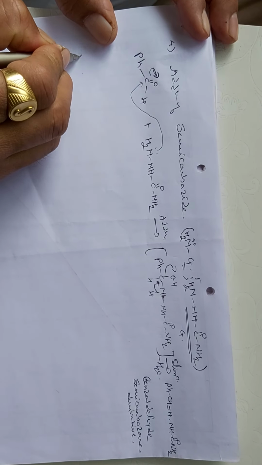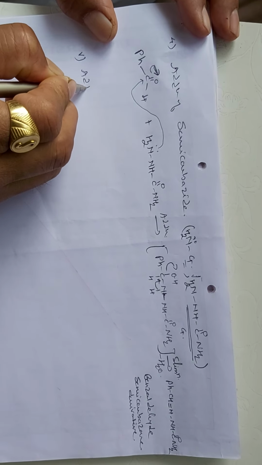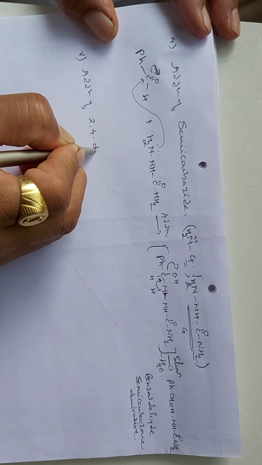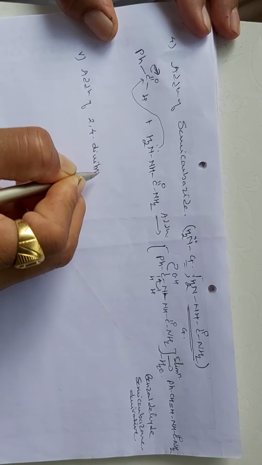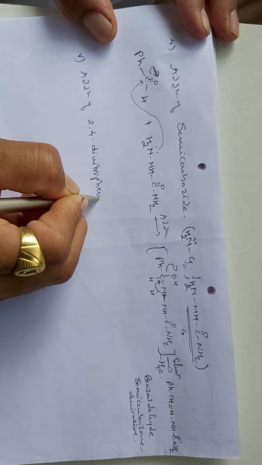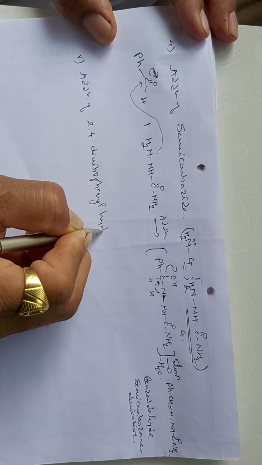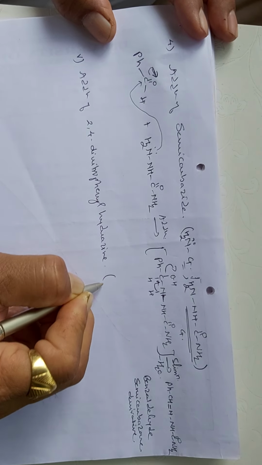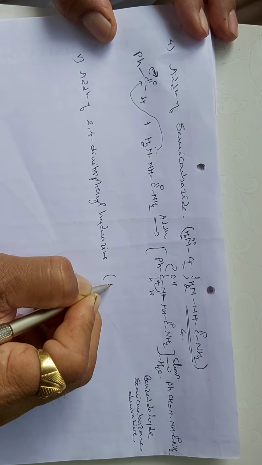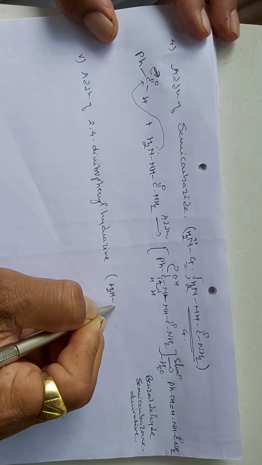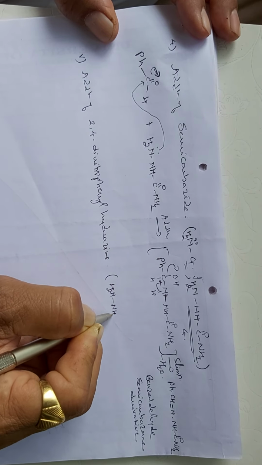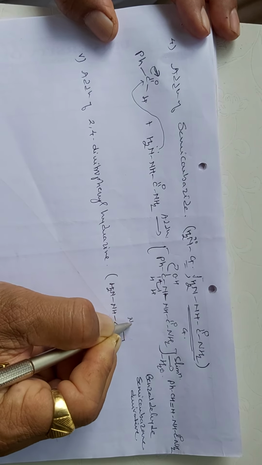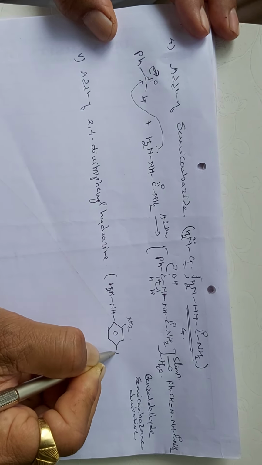And the last one is the addition of 2,4-dinitrophenylhydrazine, that is NH2NH attached to a phenyl ring with the nitro group at the 2 and 4 positions.